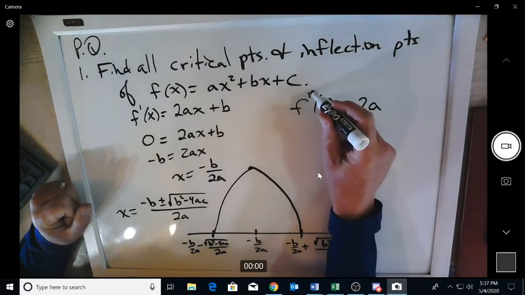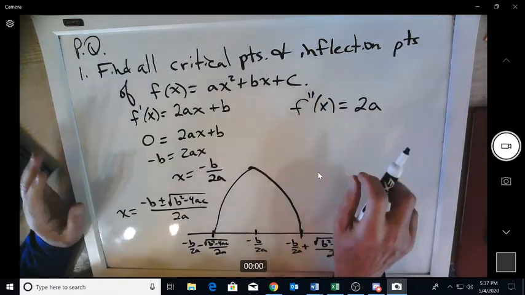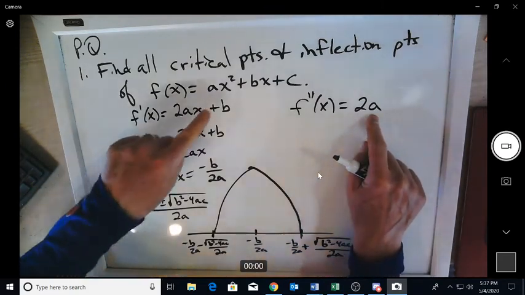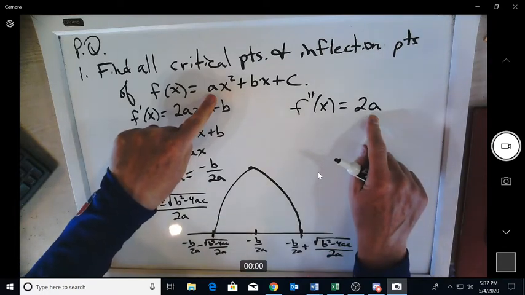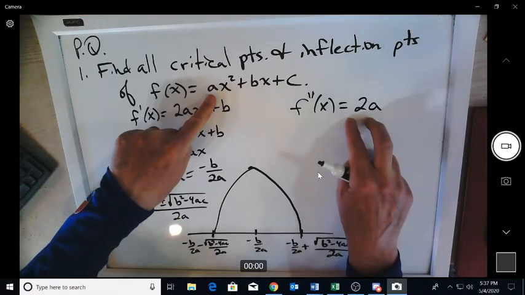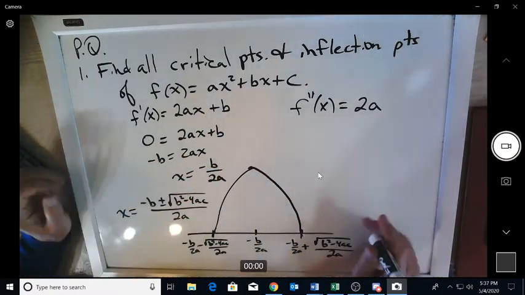And what this is telling us is f double prime is always either positive or negative, because a is a constant. If the coefficient a is positive, then we have it concave up. If a is negative, you're always going to get a negative second derivative, and then it's always concave down. But the concavity is constant the whole time.